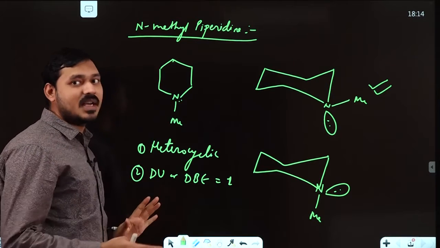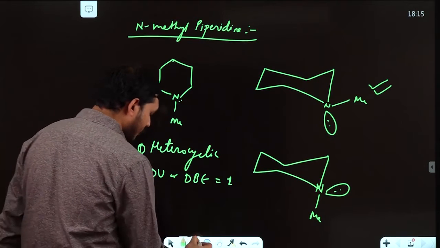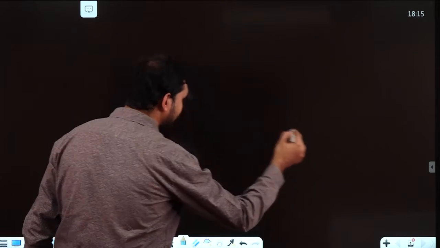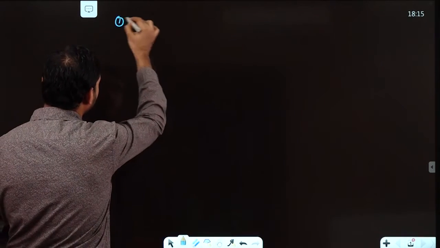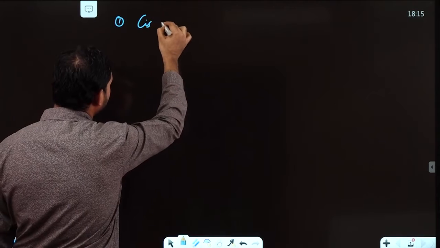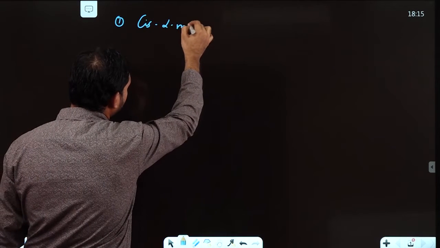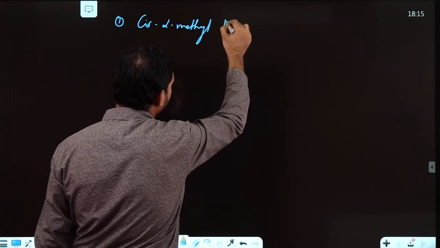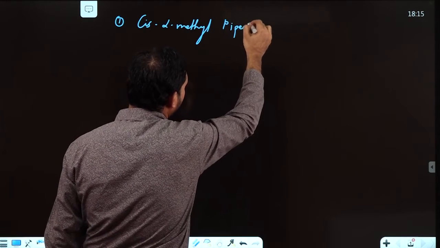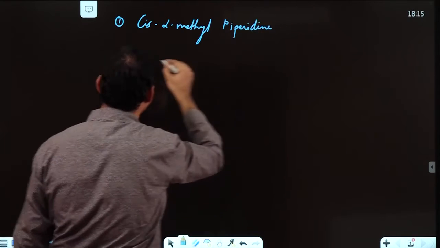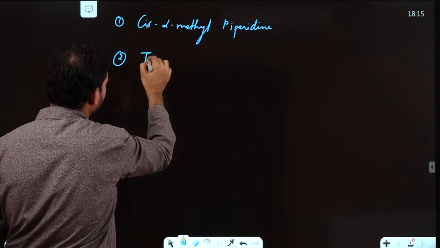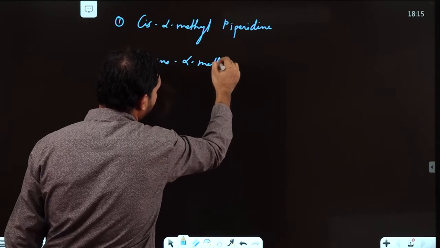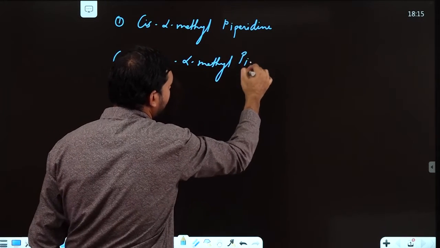Now let's take the example of cis alpha methyl piperidine and second, trans alpha methyl piperidine.